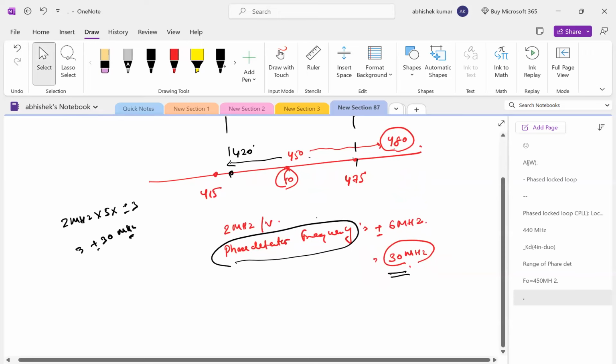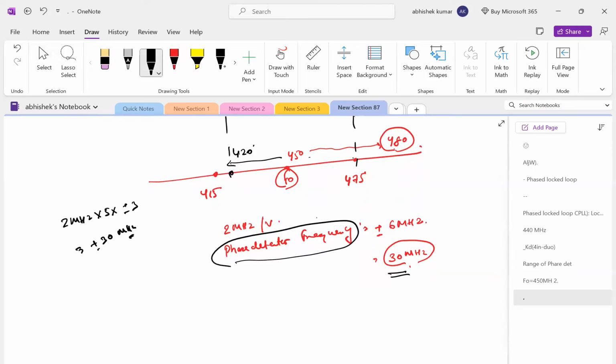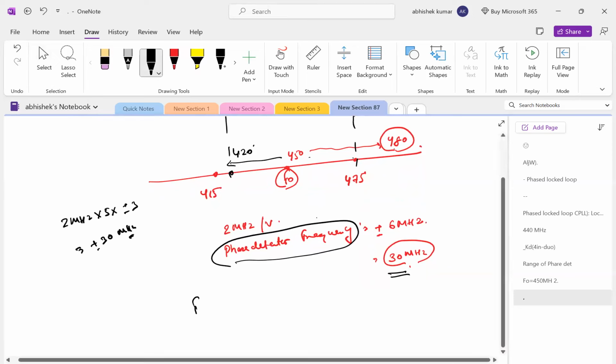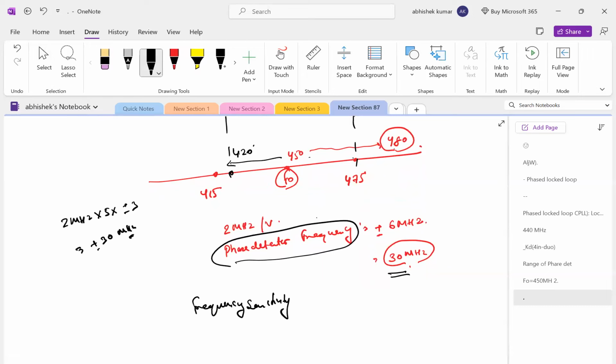So first I have to find the phase detector frequency. How can we find it? We have the frequency sensitivity given, that is 2 megahertz per volt.